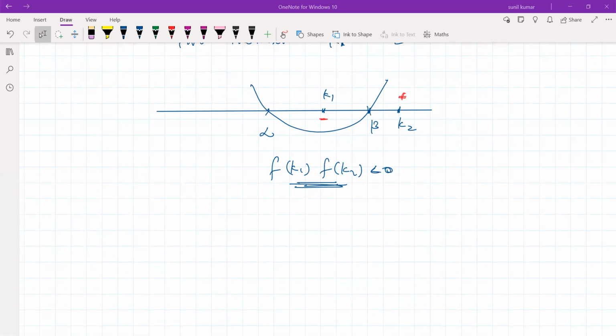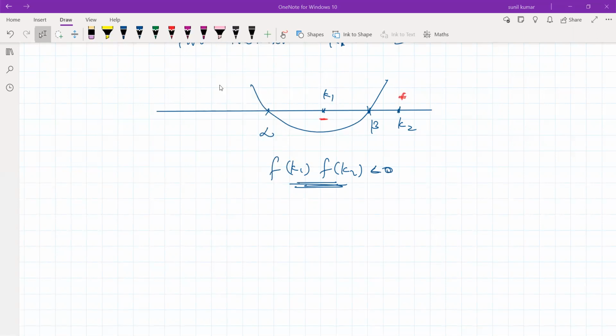It is not that complicated, you can get this idea. f(k1) into f(k2) negative means exactly one root lies between k1 and k2. So this is the concept behind that.